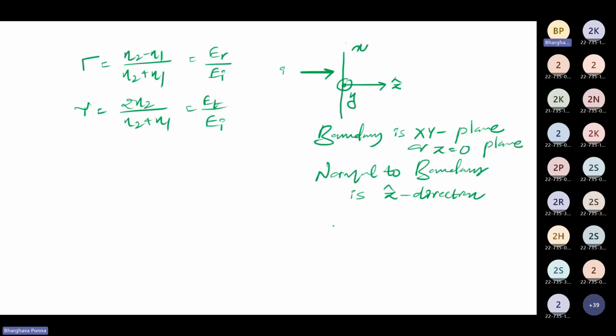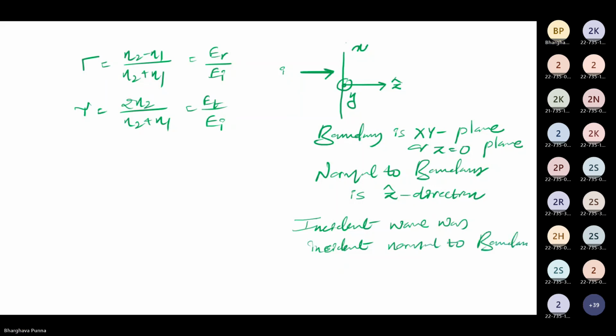So the incident wave was incident normal to the boundary. The incident wave onto the boundary means normally.